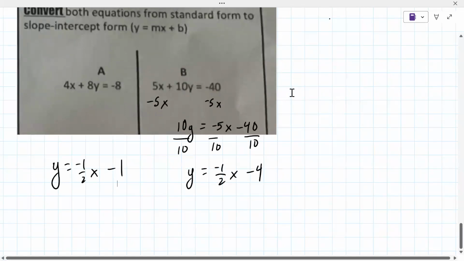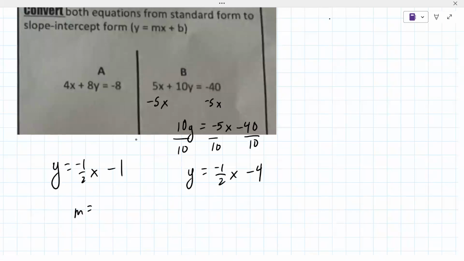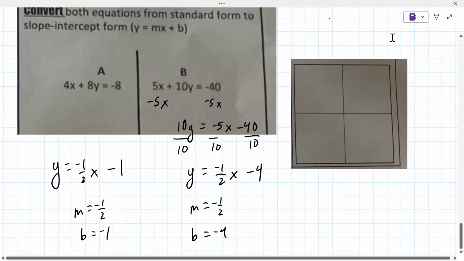Parallel. They're parallel. Okay. So on the left here, the slope is -1, the B value is -1. On the right, it's -1, B value of -4. Will you try graphing these, and then I'll put something up on the screen. You can just verify that what you have is reasonable.